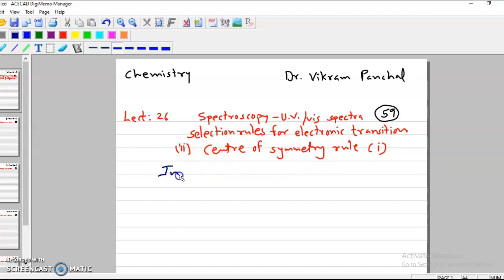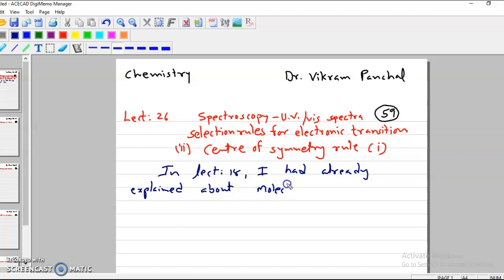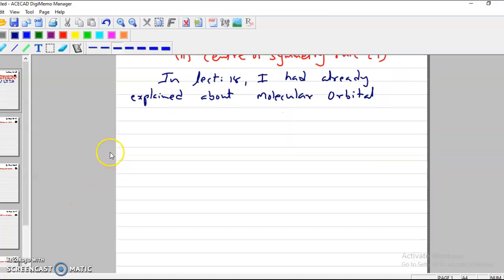In lecture number 18, I have already explained about molecular orbitals, how molecular orbitals form by the merging of atomic orbitals.